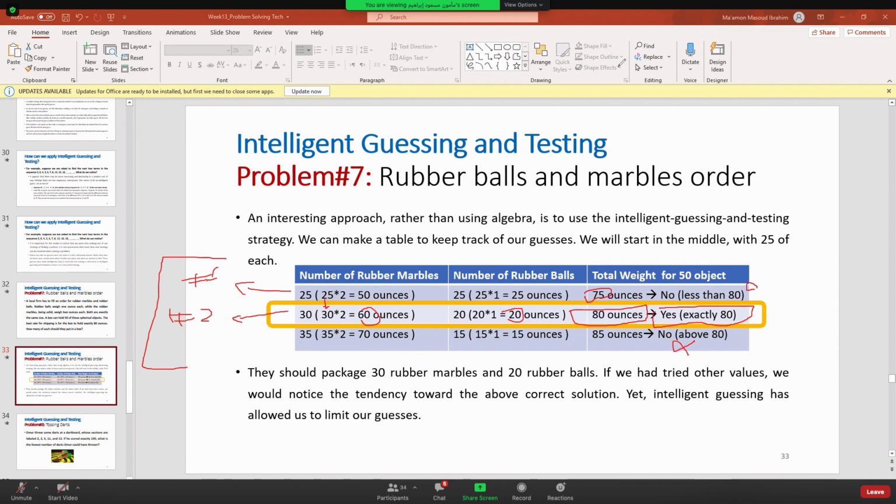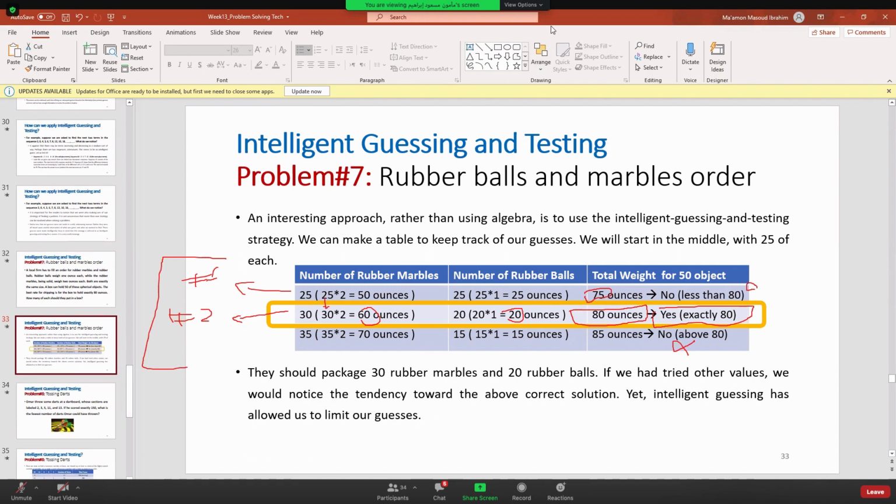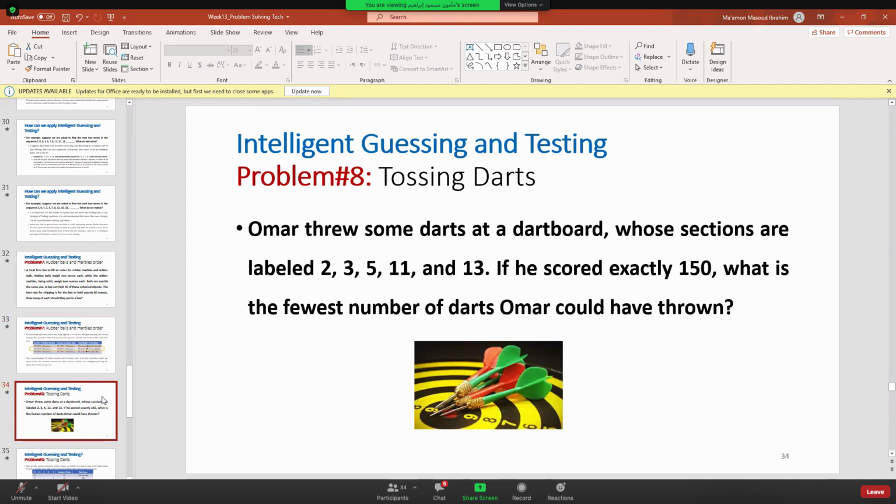Now I will go to the next problem. This guy Omar has played a dartboard, whose sections are 2, 3, 5, 11, and 13, and he scored exactly 150.